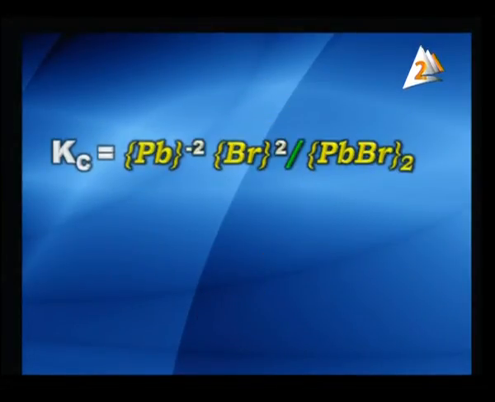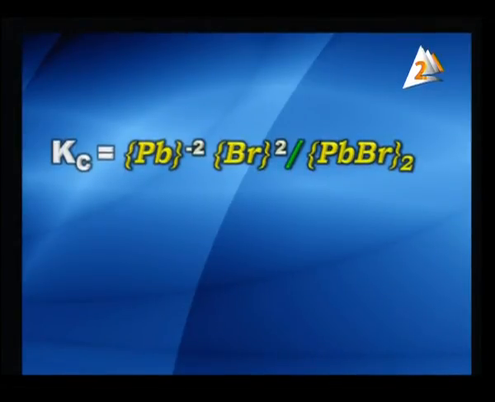Here, the Kc, the equilibrium constant, is the concentration of Pb2+ times the concentration of Br- to the power of 2, divided by the concentration of PbBr2. Why? Because the power of each one refers to the number of moles of each one.